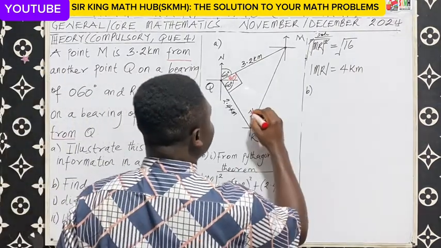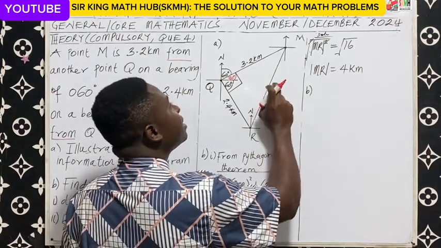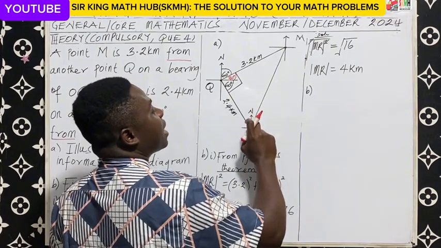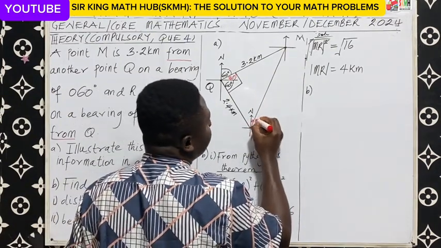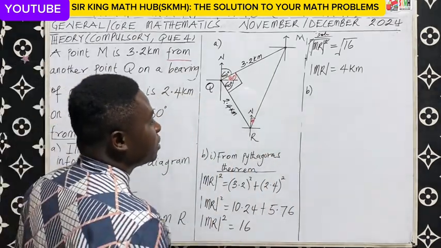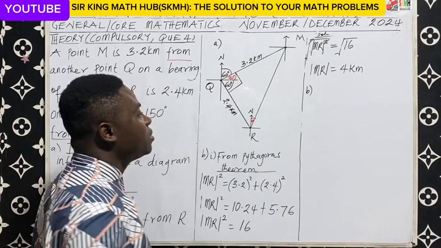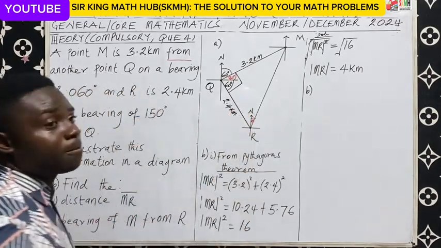So from the geographical north, we need to move in the clockwise direction until we get to the line that connects R and then M. So we are looking at angle theta. So this is where we have the theta. This angle will be the bearing of M from R.